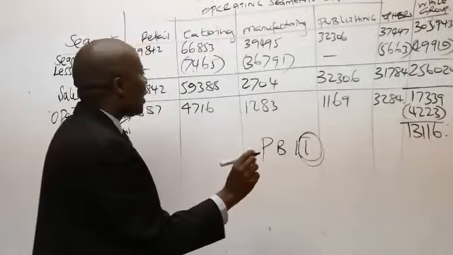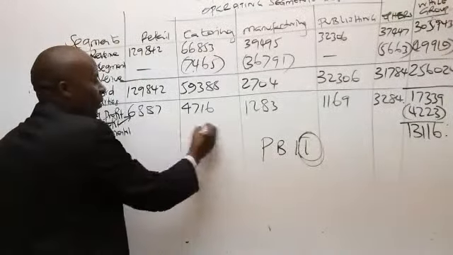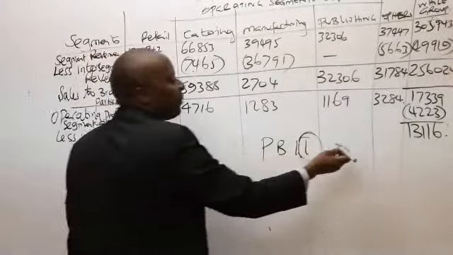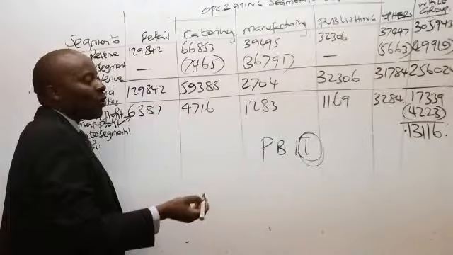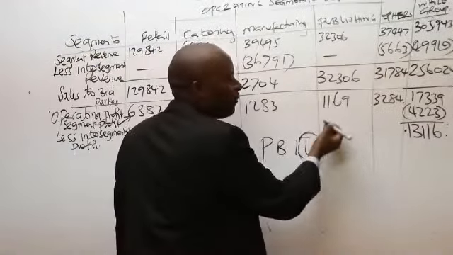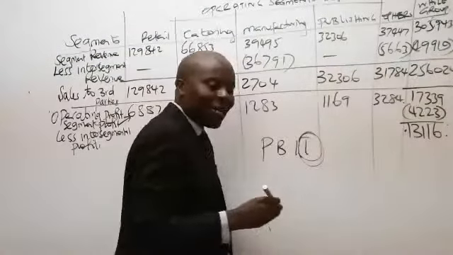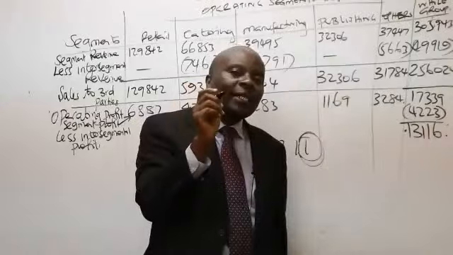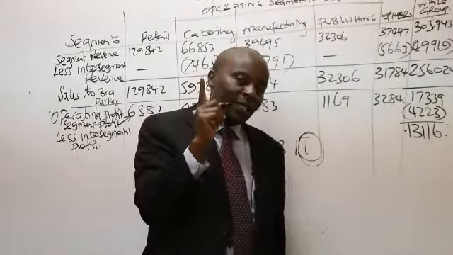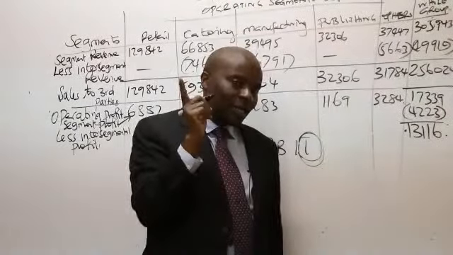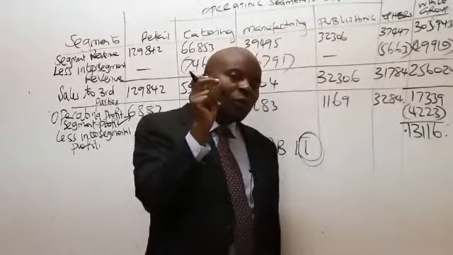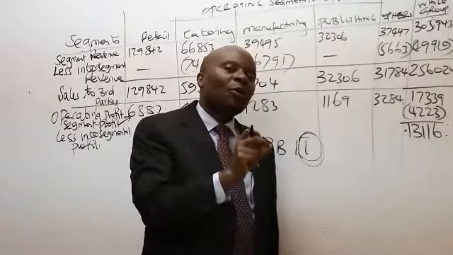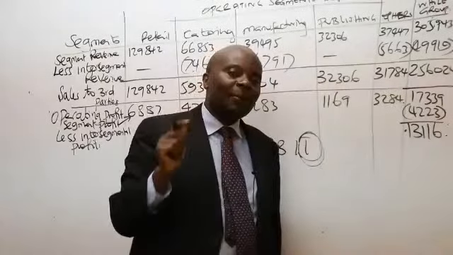So for profitability, I'm only interested in this. I would want to get profit before tax, meaning that I need to look at interest, either interest income or interest expense, under a section of other items.